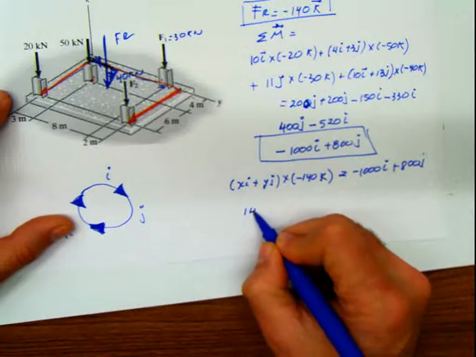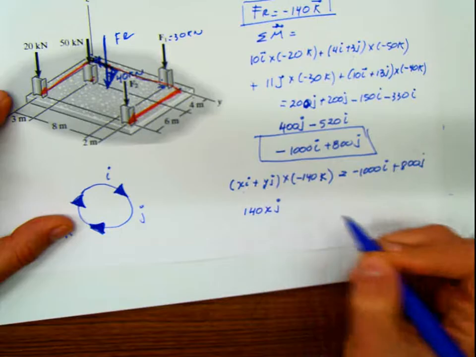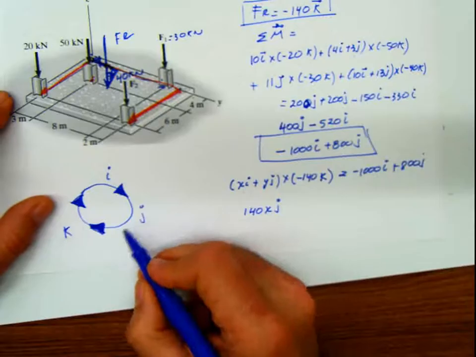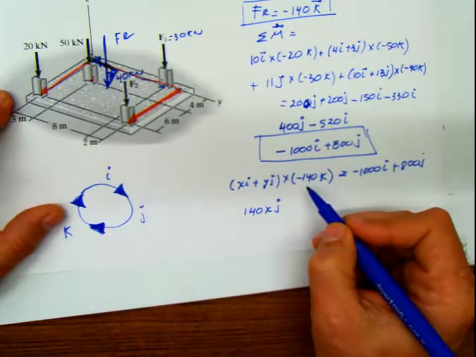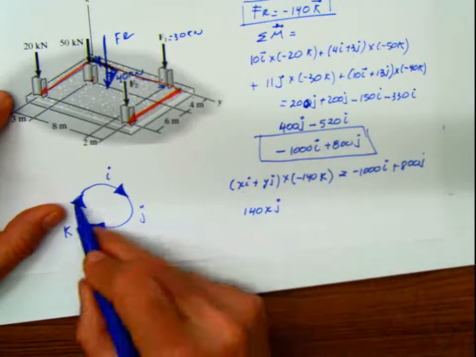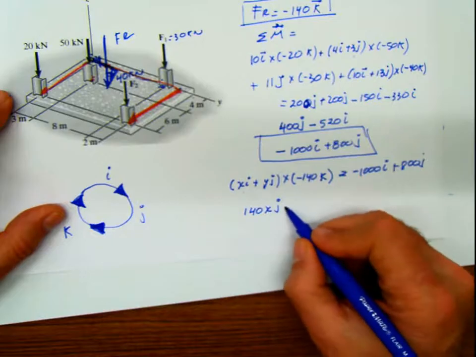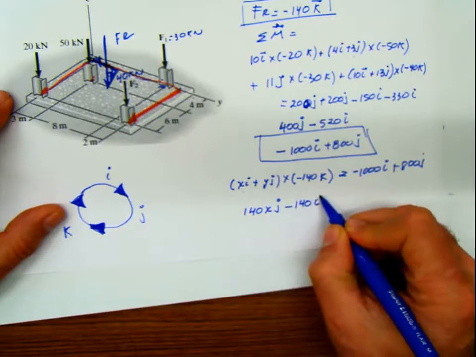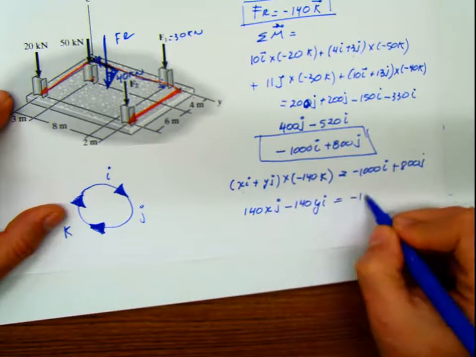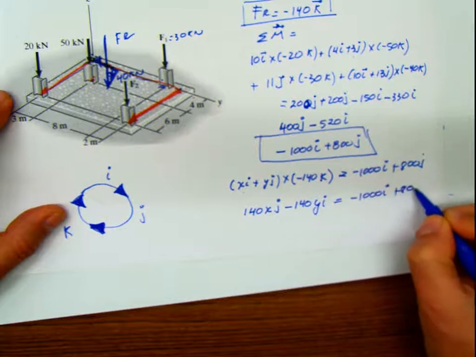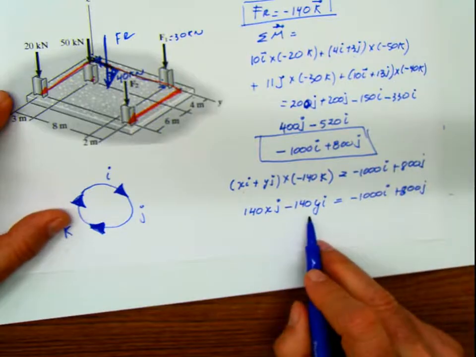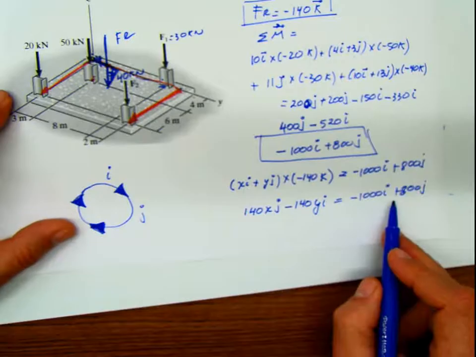So 140x j has to be... now j cross k is positive i, times negative, negative 140y i, has to be equal to negative 1000 i plus 800 j.